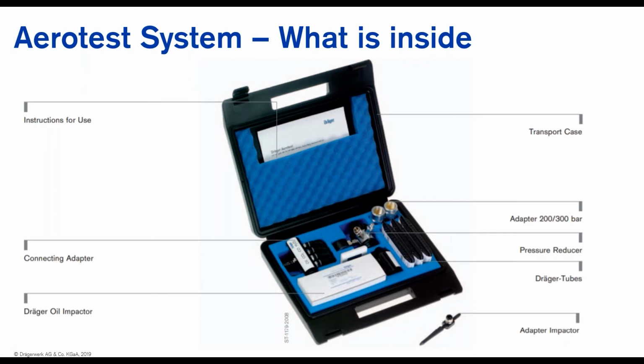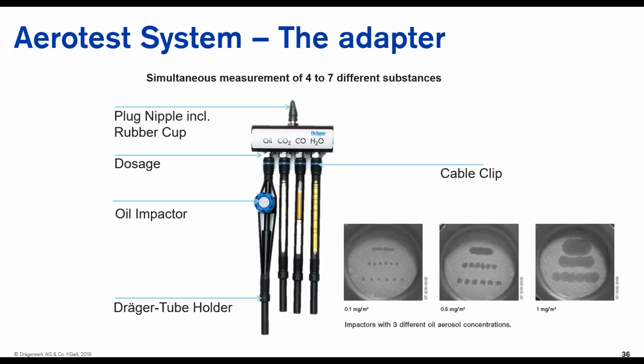If you are going to refill these tubes, ensure that you purchase the correct Dräger tubes, because although it may be the same as the carbon monoxide tube, if you use the wrong one in the Aerotest system, the tubes may not perform as intended. Under this Aerotest kit, we have this adapter.